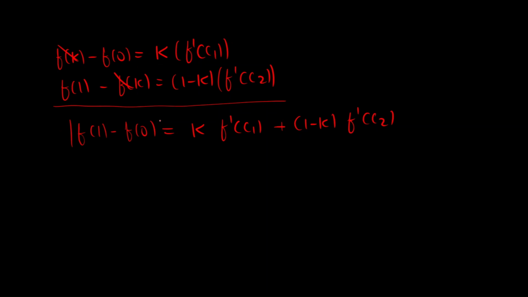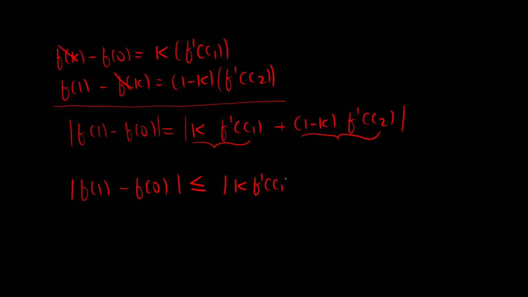Now I'll take a mod on both sides and then I'll apply triangle inequality to isolate these terms. I'll get mod f of 1 minus f of 0 is less than or equal to mod of k times f dash of c1 plus mod of 1 minus k times f dash of c2.